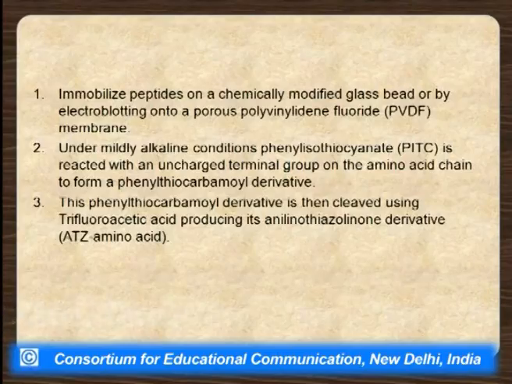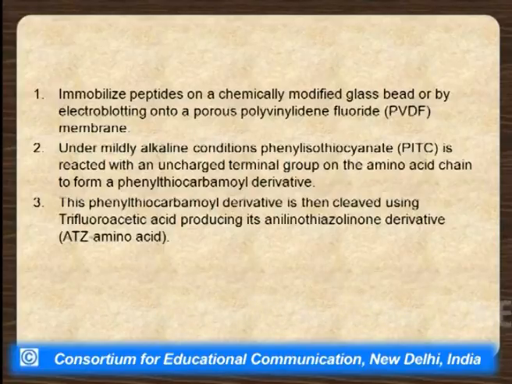So, once we have obtained the purified protein and have enzymatically chopped it up, we immobilize the peptides on a chemically modified glass bead or by electroblotting onto a polyvinylidene fluoride membrane. Now, under mildly alkaline conditions, the PITC reacts with the uncharged terminal group on the amino acid chain to form a phenylthiocarbamoyl derivative, and this derivative is then cleaved using a strong acid.